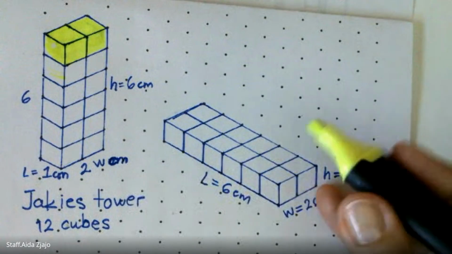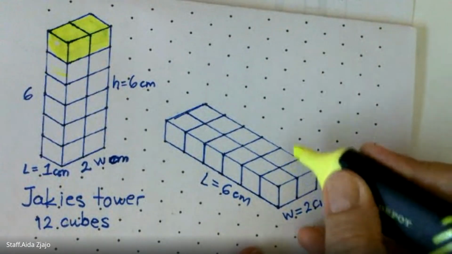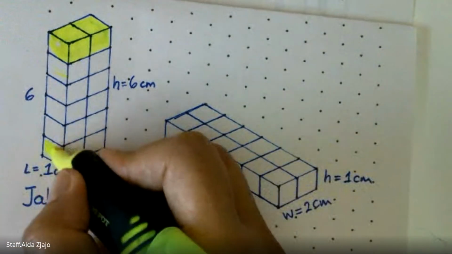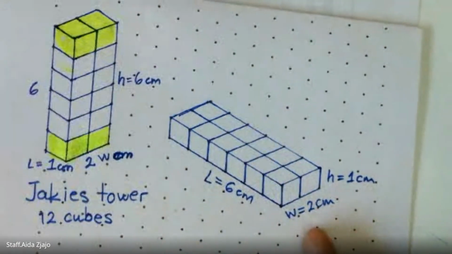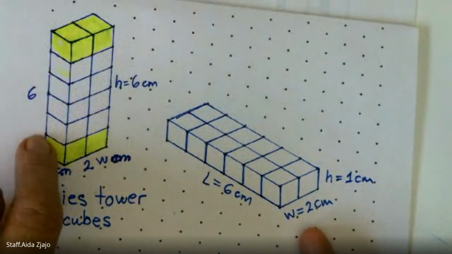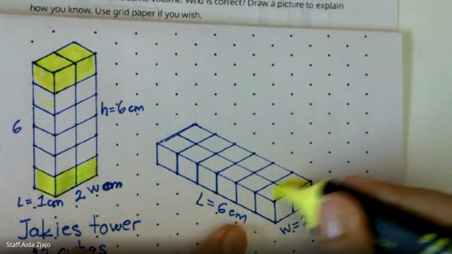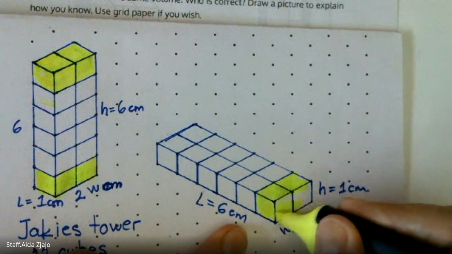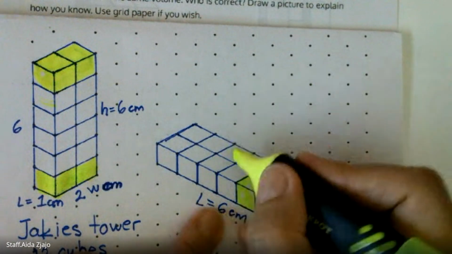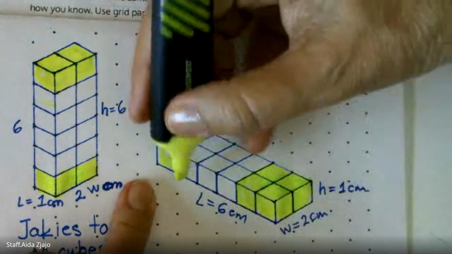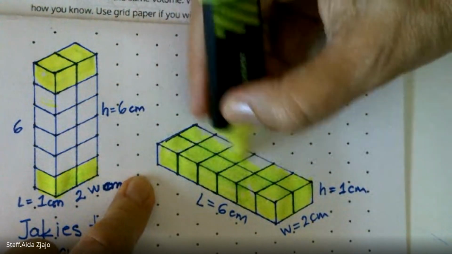his prism is also 12 cubes. This base is 2 cubes, and it stands vertically, so it is higher. But here his base, his layer, is all on the floor, and it is 6 cubes for the whole base, because the height is only 1 cube or 1 unit.